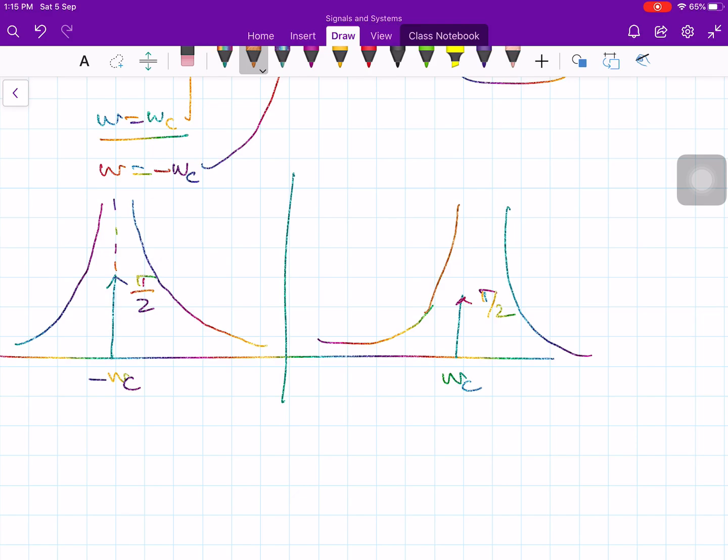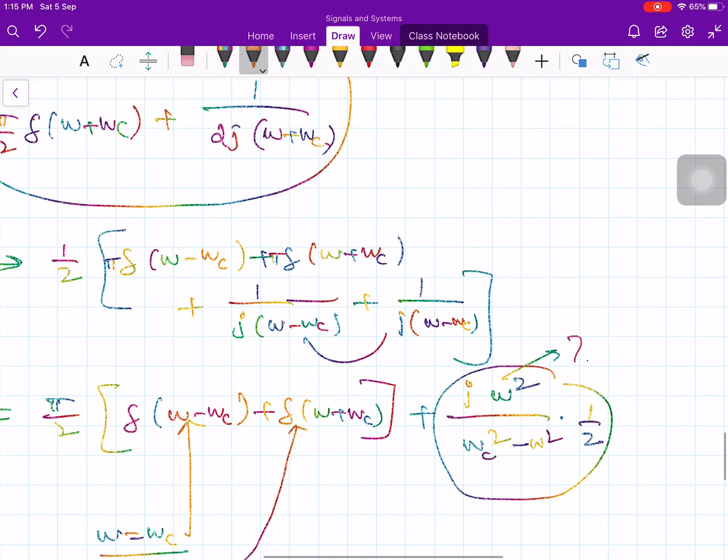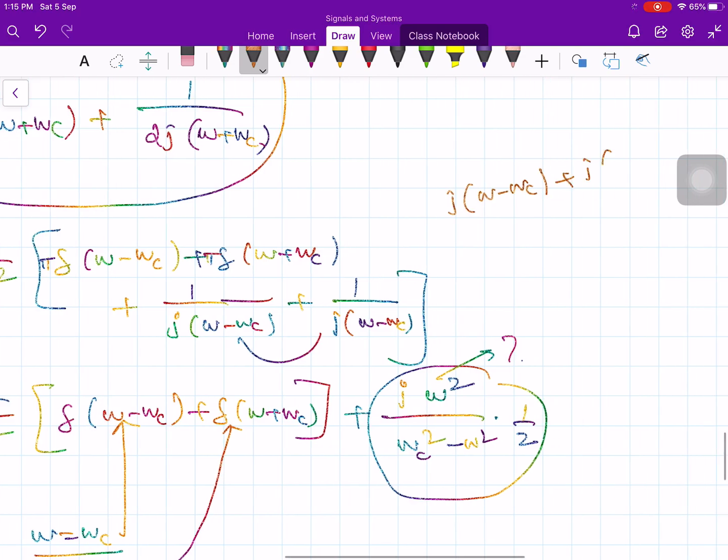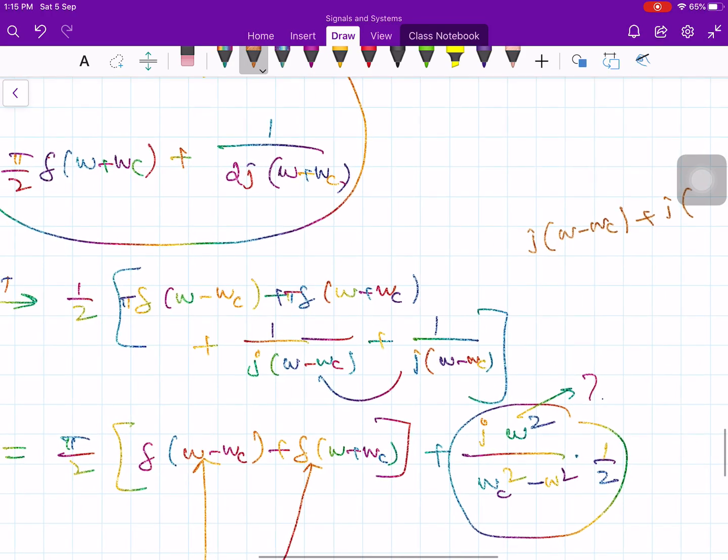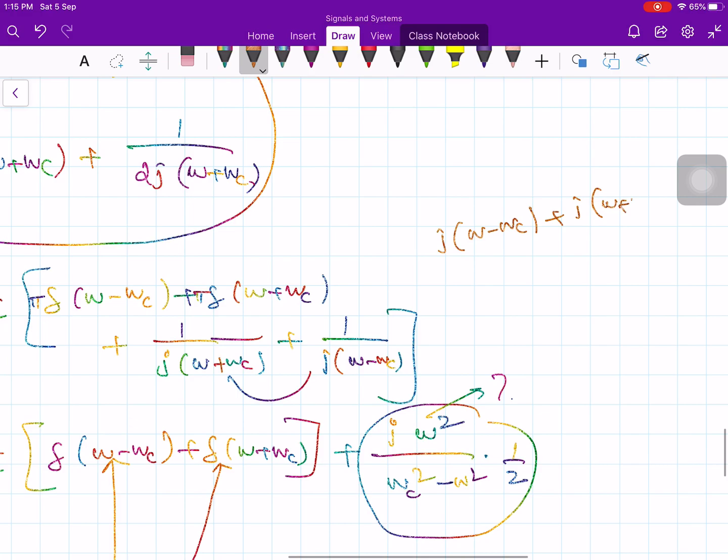It's very simple. You take the LCM of this term, so j times omega minus omega c plus j times, one is omega minus omega c and another one is omega plus omega c, divided by j squared, which becomes minus 1, so you put minus here, omega square minus omega c squared.